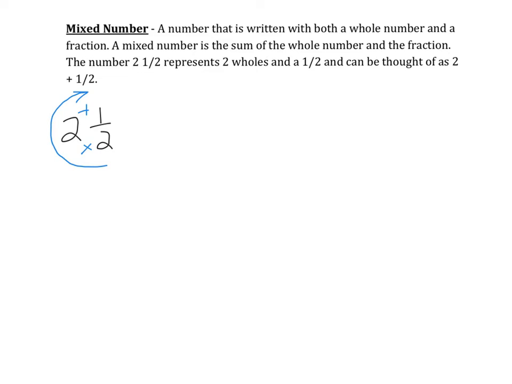So I would say 2 times 2 is 4, plus 1 would give me 5, and we keep the denominator the same. 5/2 is an improper fraction. So you should be pretty good at going between mixed and improper, improper and mixed, and you practiced those on Khan.